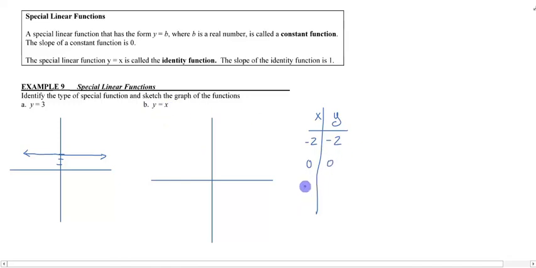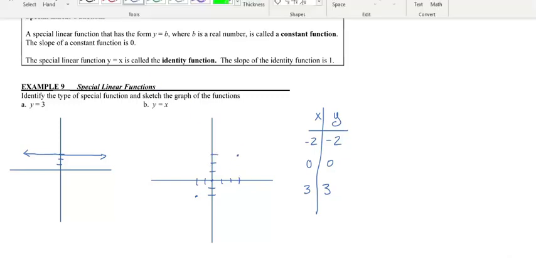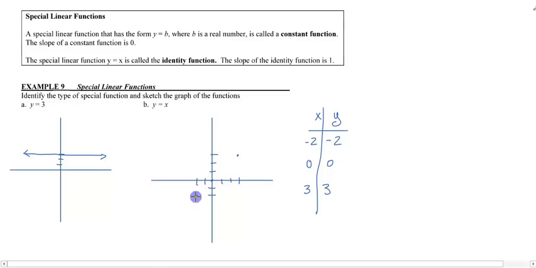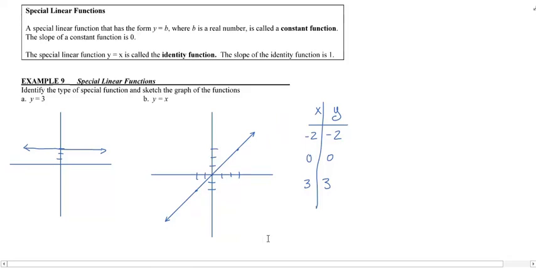And if x were 3, y is what x is, so 3. So we have negative 2, negative 2, 0, 0, and 3, 3. And you can see our graph is going to be this perfectly diagonal line through the origin.